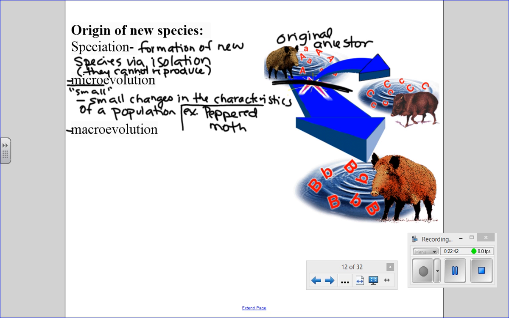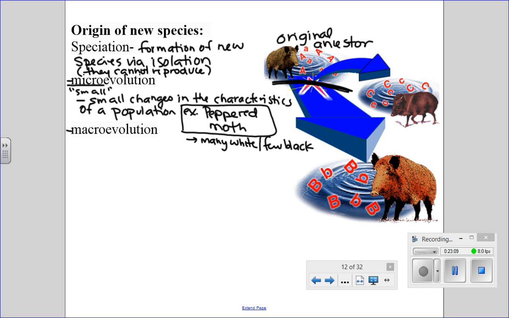The peppered moth lives in Europe, well, or some of them do anyways. And what we saw happen with the peppered moth was a very distinct change in the predominant color. So originally, there were many white and few that were black.